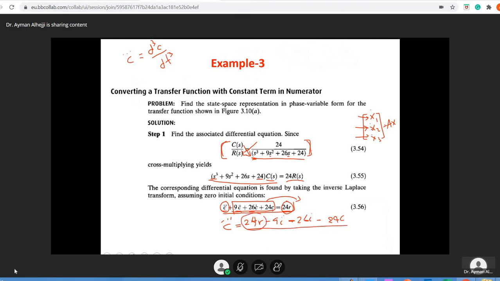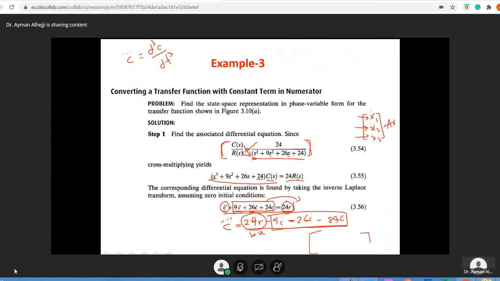This part I know as Bu, the input. And this part is the state variables. I have 3 elements, 1, 2, and 3. These 3 elements will be located in the state space.